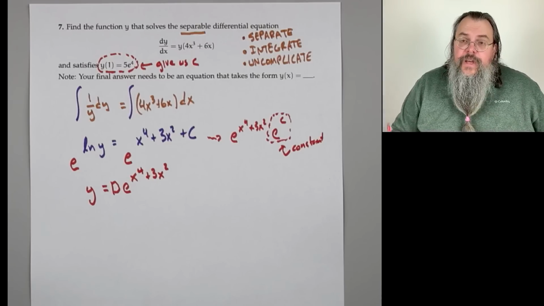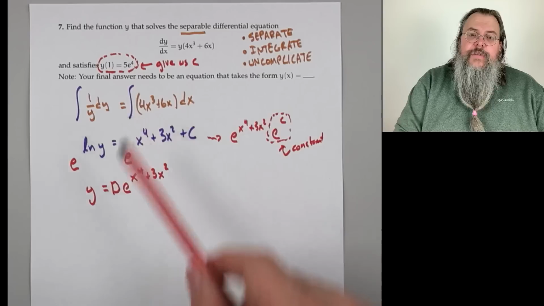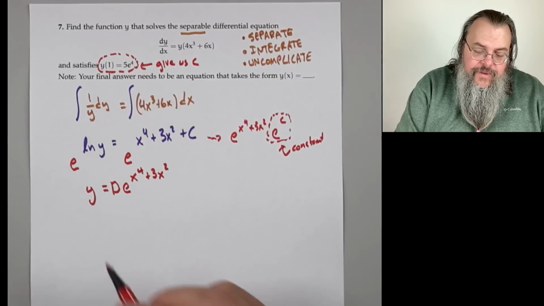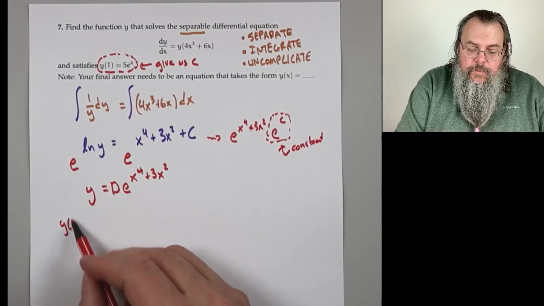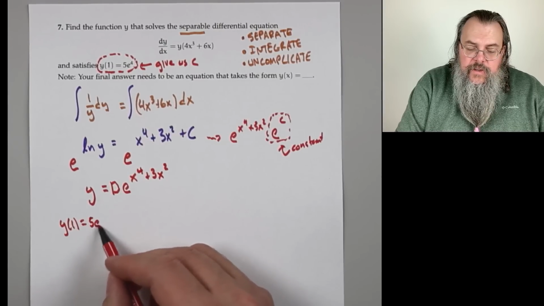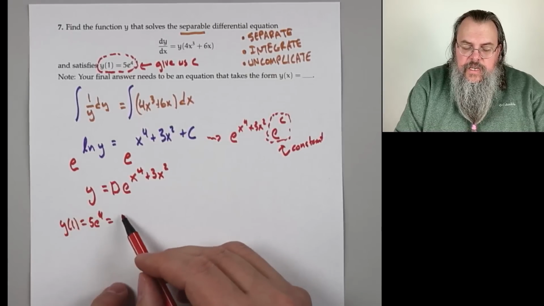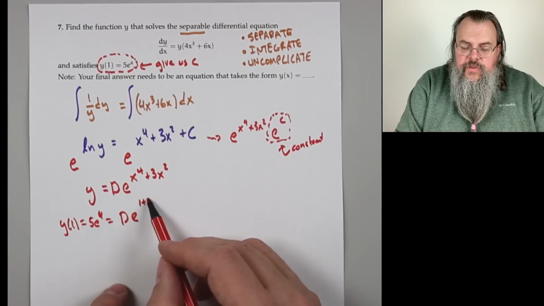All right, well now, what if we plugged in x equals 1 and y equals 5e to the 4th? That feels a lot better. Okay, so let's do that. We're going to use our initial conditions. So y of 1 equals 5e to the 4th. Well, that's going to be equal to d times e, upstairs we get 1 plus 3.